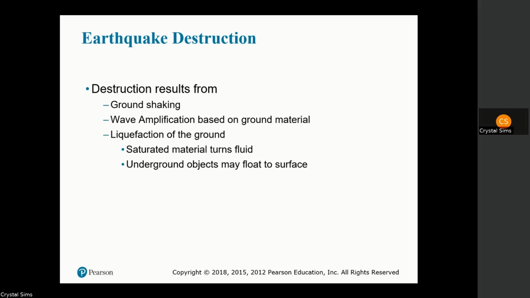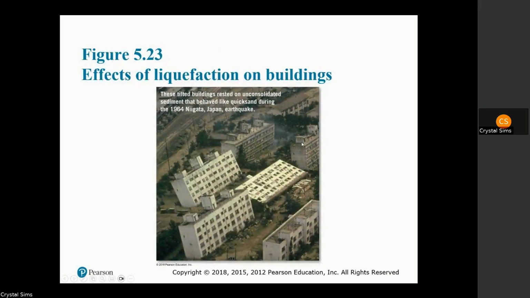In 1989, the big earthquake that was in California, what we call the Loma Prieta earthquake, foundations failed and sand and water literally shot up from the ground like geysers due to liquefaction. And so here is an example. This is from an earthquake in 1964 in Japan.